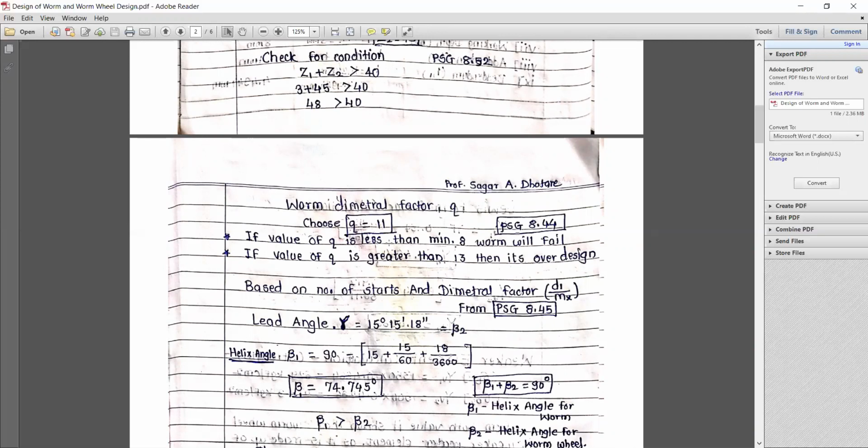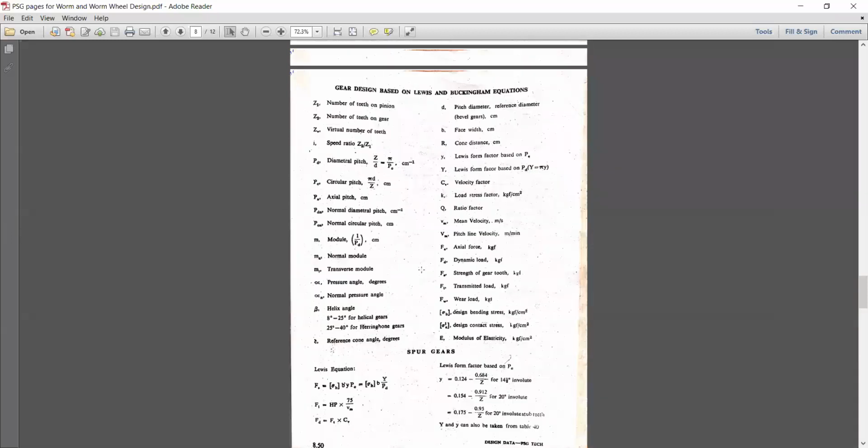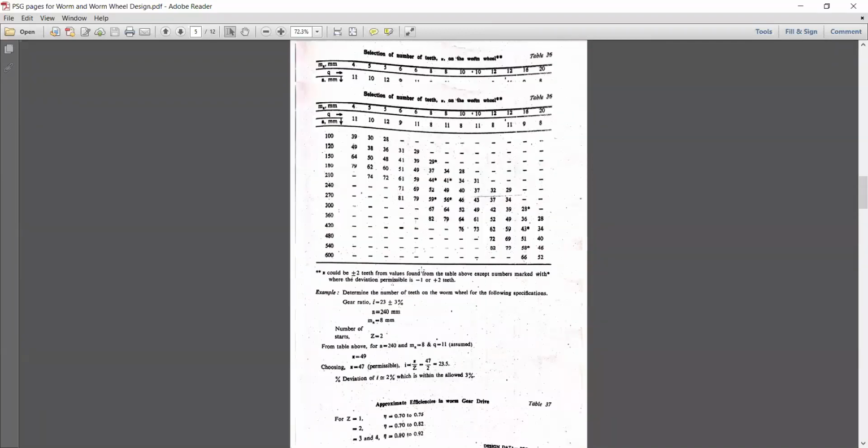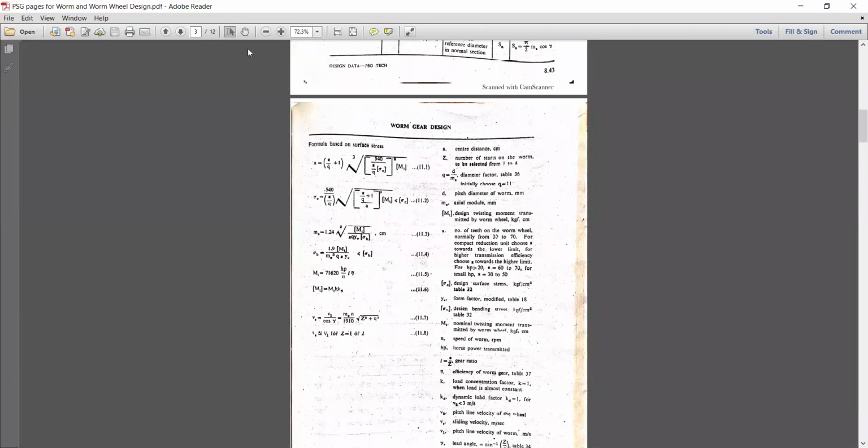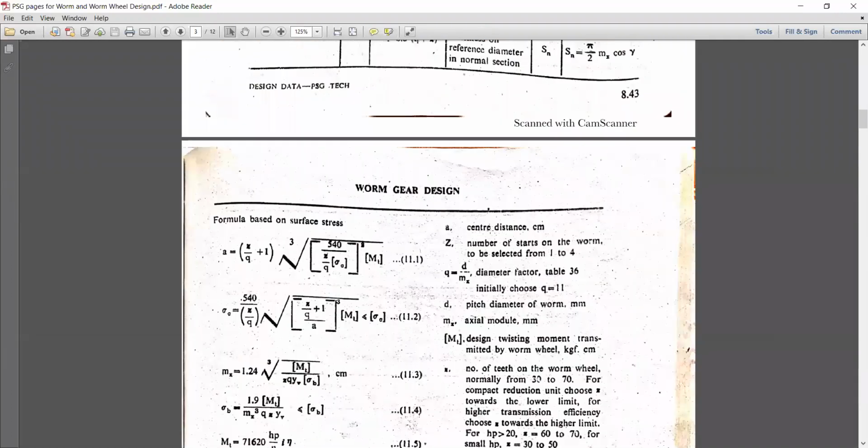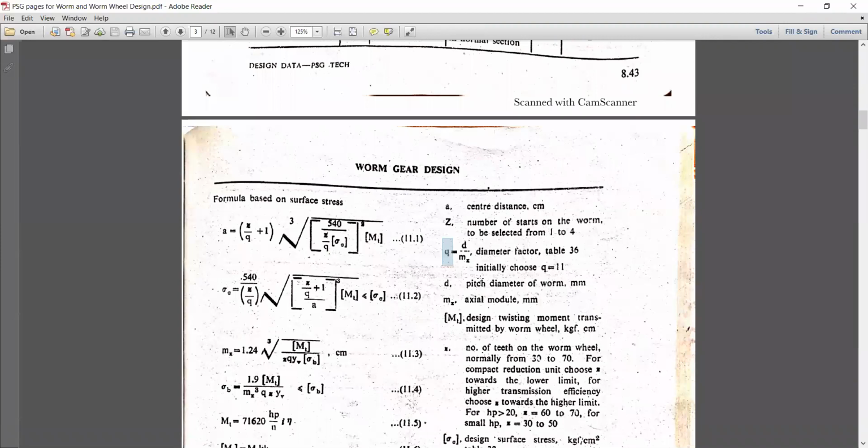Referring to the PSG page number 8.44, I will just show you. Here they have written that the value of q you can determine from table number 6 if you have the value of dm and the transmission ratio. Initially it is chosen equal to 11.